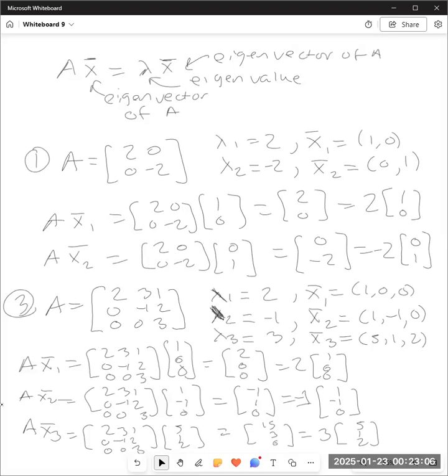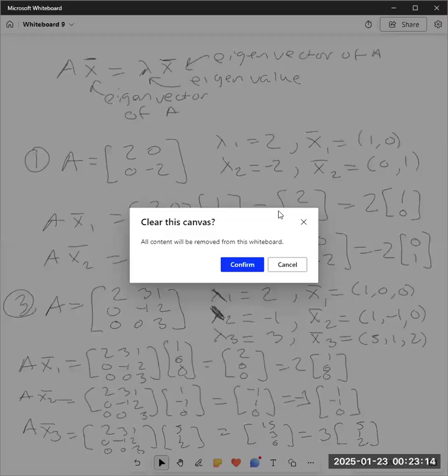Let's go ahead and look at number 9 now. We're determining eigenvectors. So determine whether the vector given is an eigenvector of A. A is equal to 7, 2, 2, 4, and part A asks about the vector 1, 2.